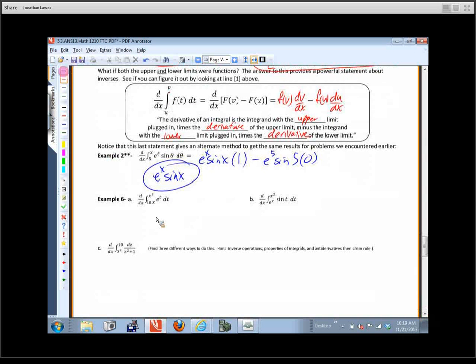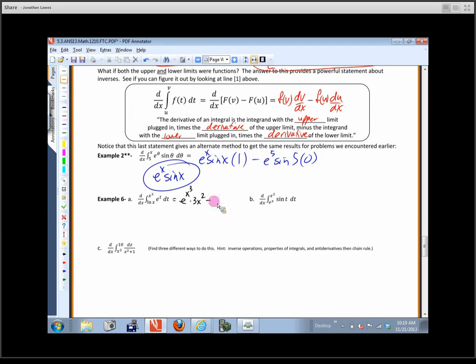So let's take a look at this one. The derivative of an integral is the integrand with the upper limit plugged in. So that's going to be e to the x cubed times the derivative of the upper limit, so that's going to be 3x squared. Minus the integrand with the lower limit plugged in.